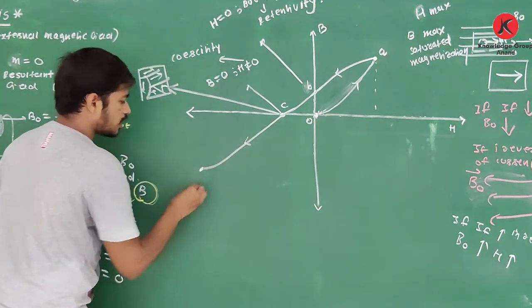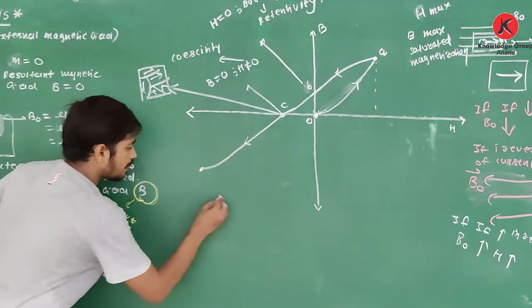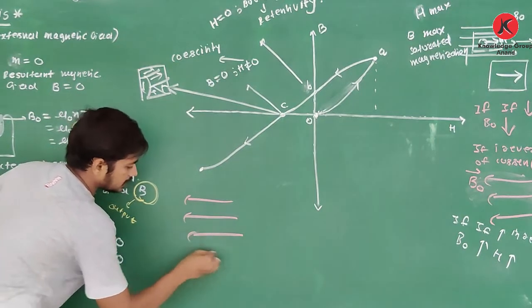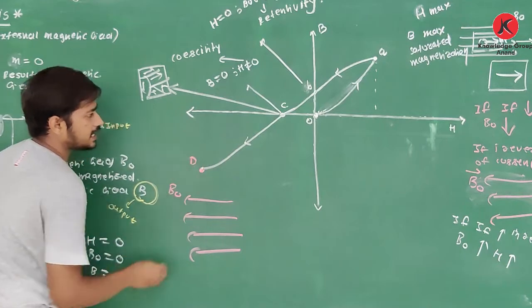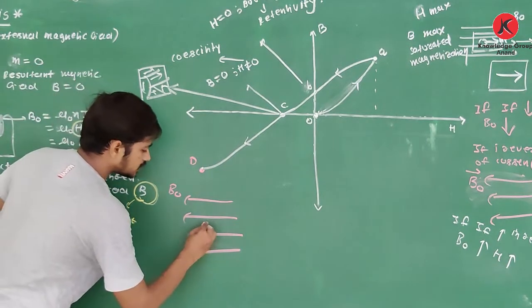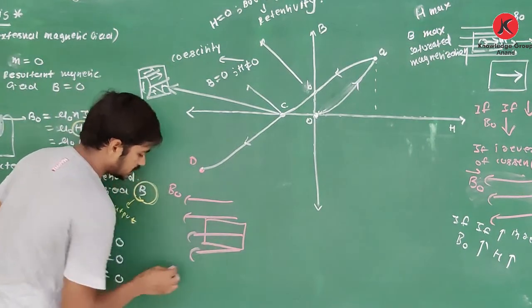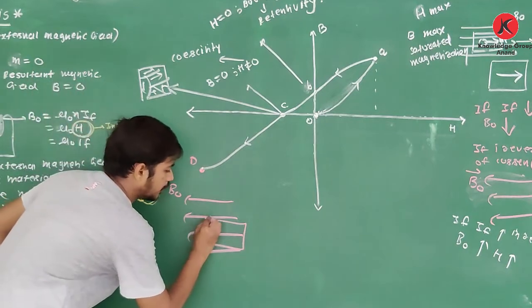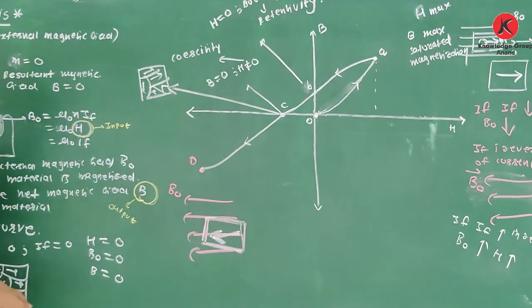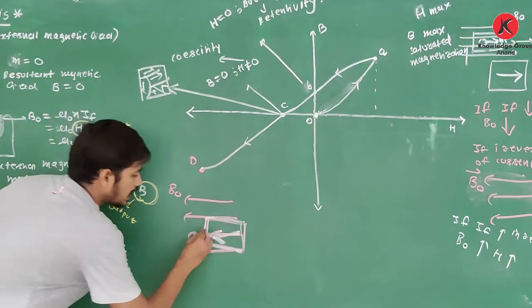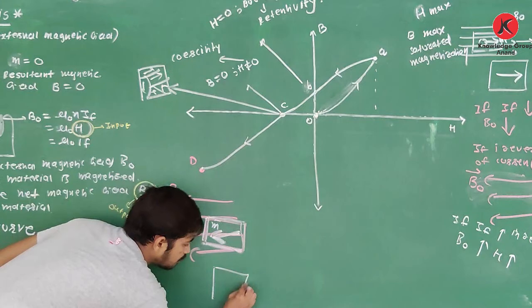At this point, as the external magnetic field is now in this direction, at point D each and every domain will align in this direction. They will have only one domain.